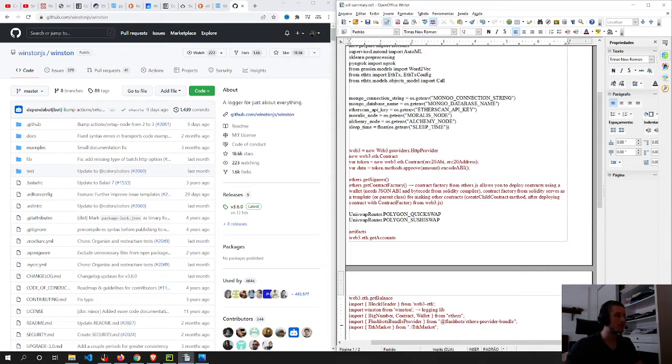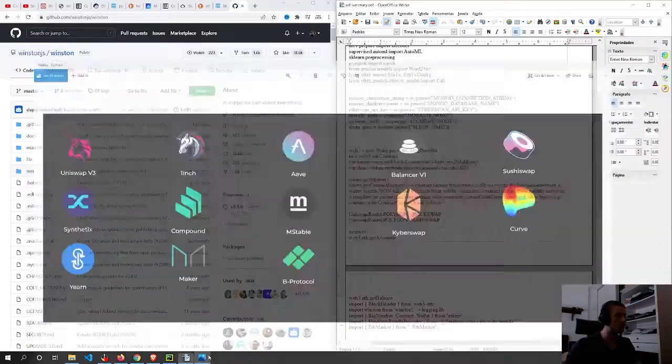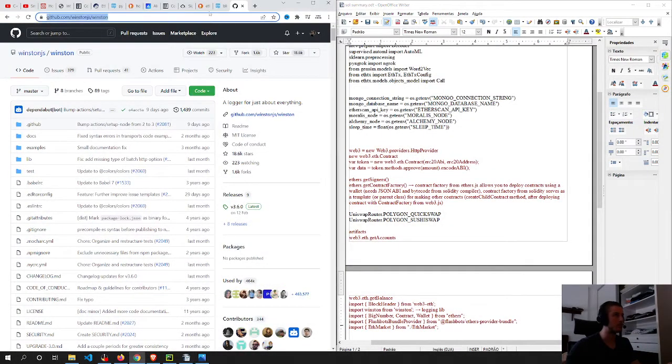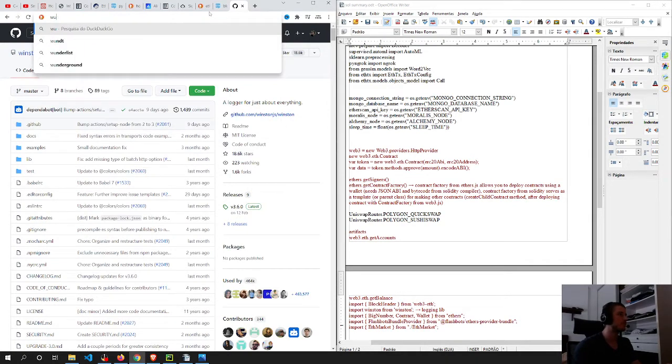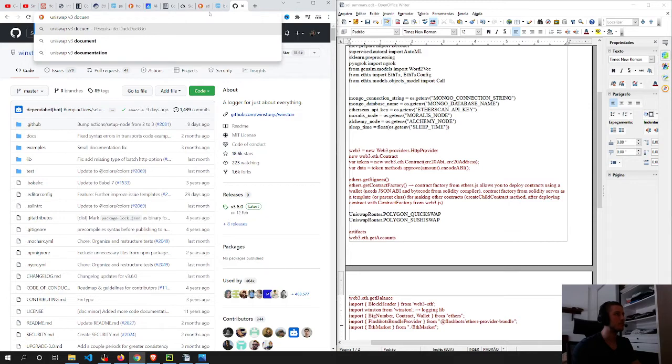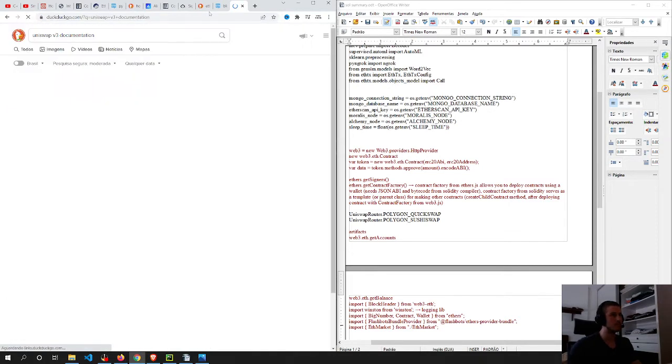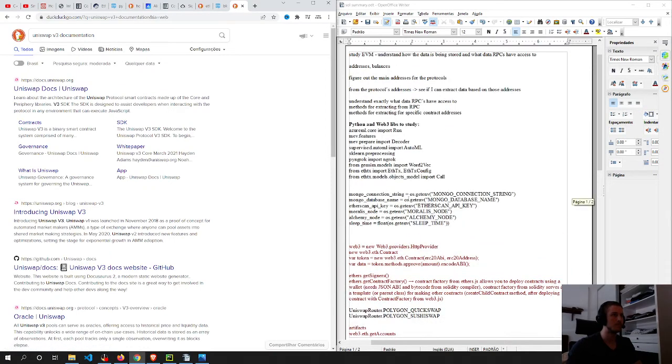So now I think I'm gonna start studying these ones for Uniswap. V3 documentation. And this stuff I'll leave for later, after I study all the documentation from the libraries and I have the data, and it's time to do analysis, then I'll look into this.